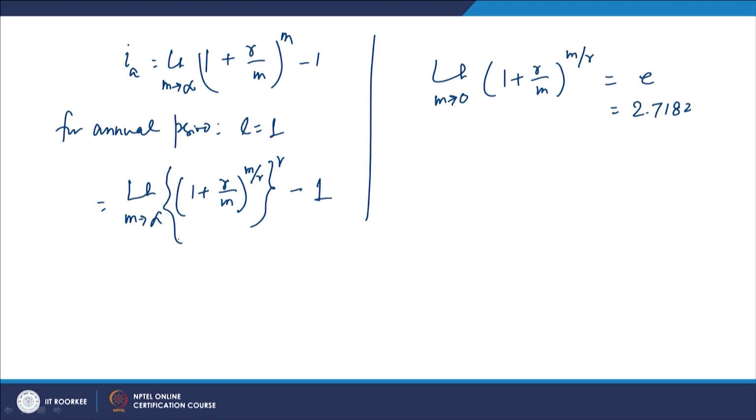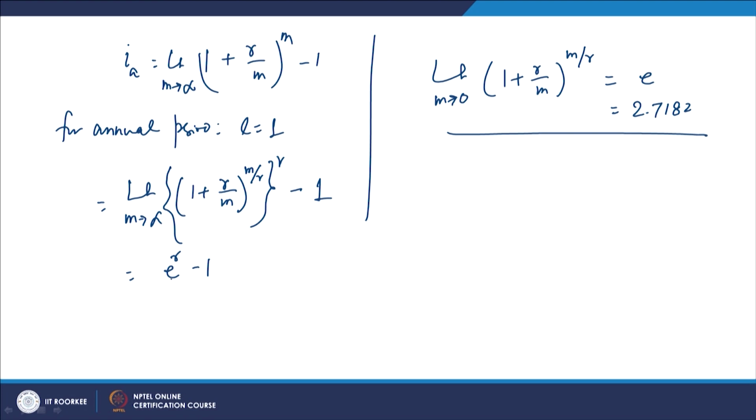So, we know that this quantity becomes e. So, it will be e raised to the power r minus 1. So, as this is becoming e, you will have e raised to the power r minus 1. So, the effective interest rate which is computed in such cases will be e raised to the power r minus 1.